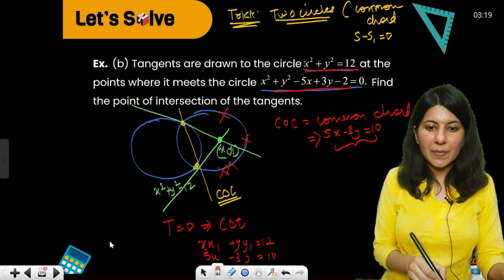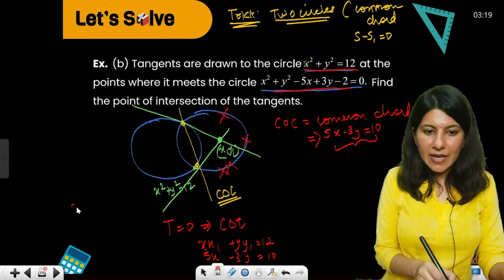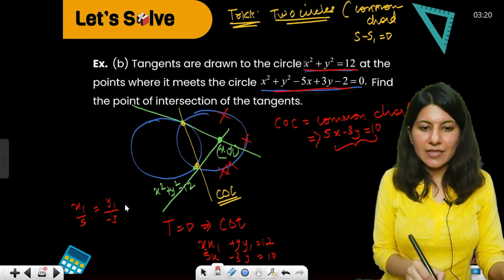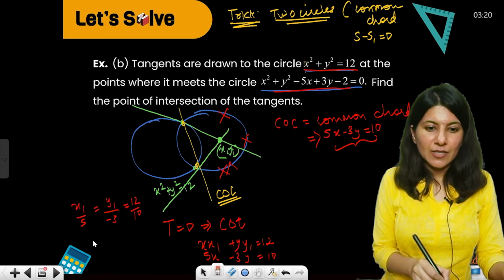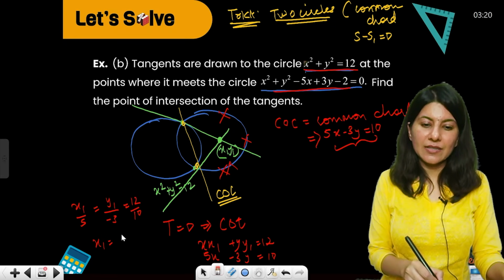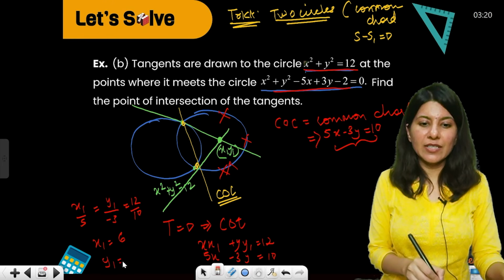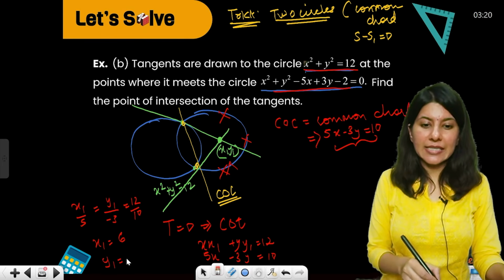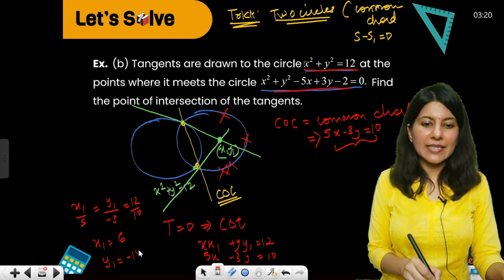Tell me how will you compare? x1 by 5 equals y1 upon minus 3 equals 12 upon 10. So x1 is 6, and y1 is minus 36 by 10, or minus 18 by 5.